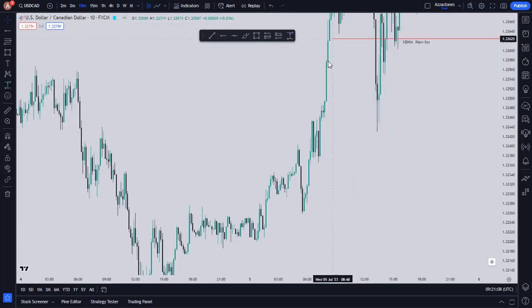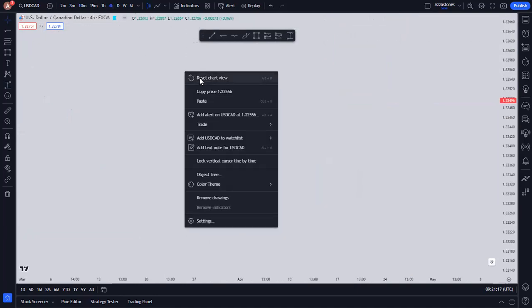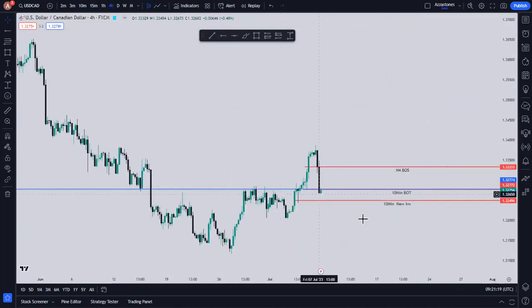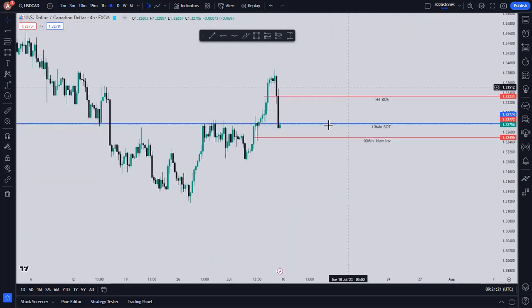To be honest, this was our new invalidation point down here. This one here. So I'm sure that the price is coming to this point down here before going upward. So I mean, we're just going to risk about 20 pips.